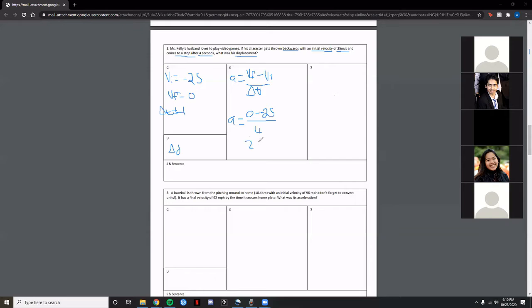So 25 over 4, we're going to say that is 6.25. So we've got acceleration equals 6.25. All right, so we're just going to write that on the side real quick. I don't have space, I'm going to erase this. Now that we have acceleration, what's going to be our next step?